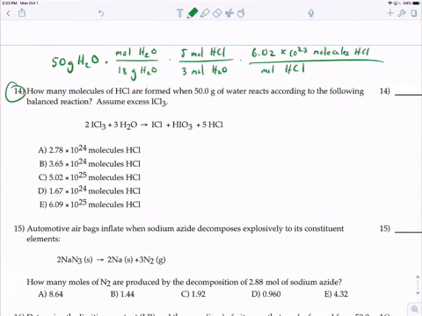So 50 grams water, that starts off with mole water, 18 grams of water. That's just 2 times hydrogen, which is 1, oxygen 16, so 18. The 5 moles HCl to 3 moles water there, and then multiplying by Avogadro's number, which gives you molecules per mole. And since we have time, I'm going to go ahead and calculate it out. I feel like I'm doing something.